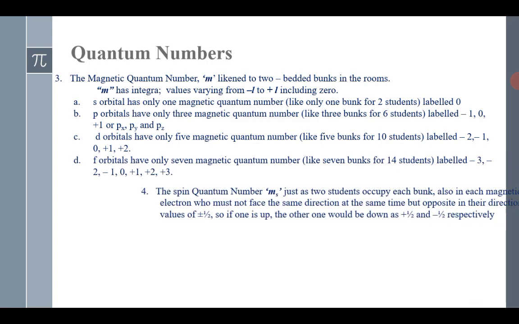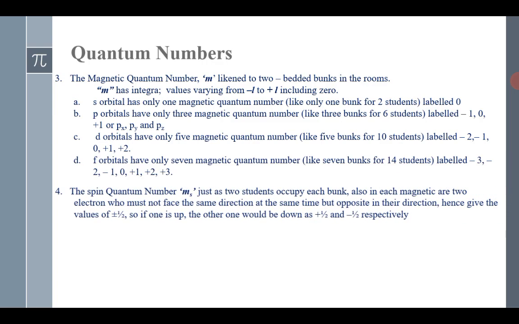And the last but not the least is the spin quantum number. Just as the students occupying the beds, 2 students occupying each bunk, 1 up, 1 down. So also each magnetic quantum number holds 2 electrons, which must not face the same direction at the same time, but opposite in their direction.